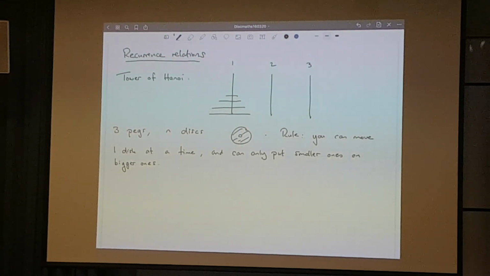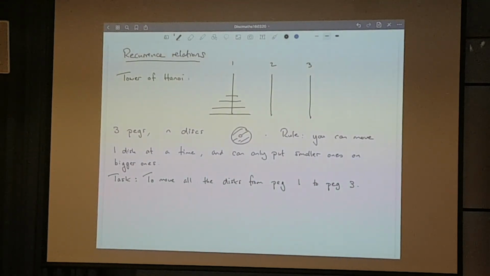And the task is to move all the discs from peg 1 to peg 3, using these rules: moving only 1 disc at a time and putting smaller discs on top of bigger discs.